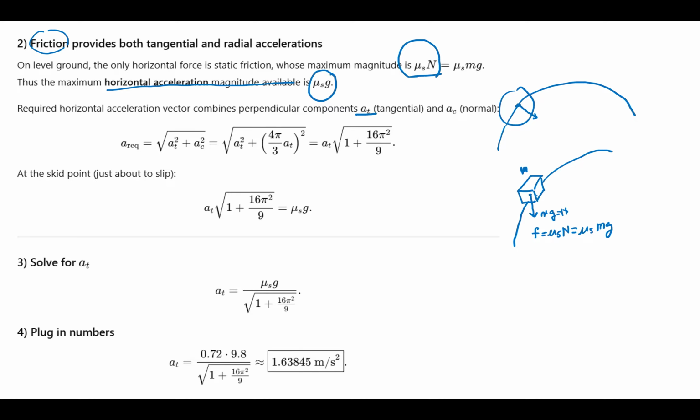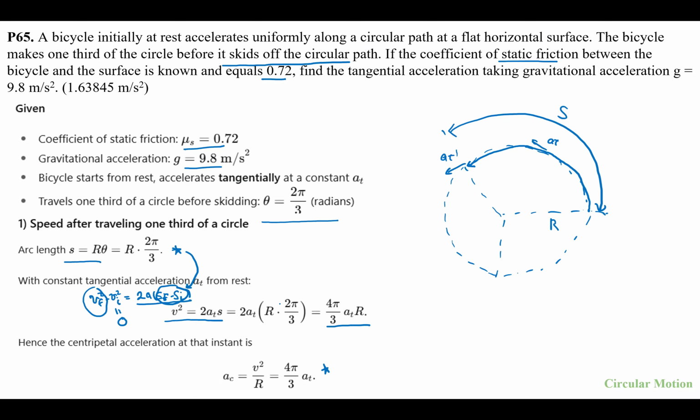So anything that is moving will be under the influence of two accelerations: the tangential one and the horizontal one. And this one is given like this. And then what about a_c? a_c is given by this one, centripetal.